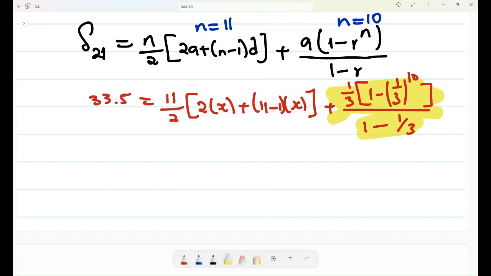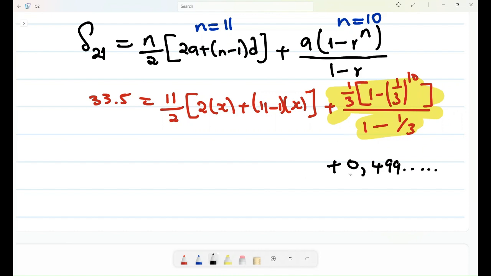So it is 1/3 into 1 minus 1/3 to the power of 10, with the hope that I do not make any mistake. Please punch with me on your calculator so that if you encounter any error, you fix it. I get something like 0.49 and so on.